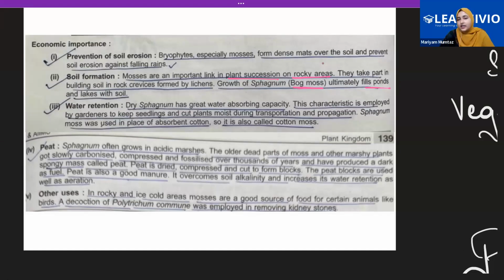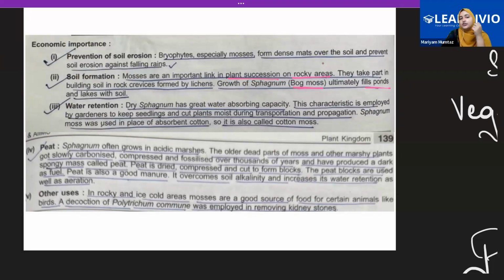Then water retention. Like I told you, mosses are very good at holding water. So Sphagnum has great water holding or absorbing capacity. Many times, if you order any living plant online, they will package the plant with moss, just like bubble wrap, in order to provide the water and moisture it requires to stay alive.